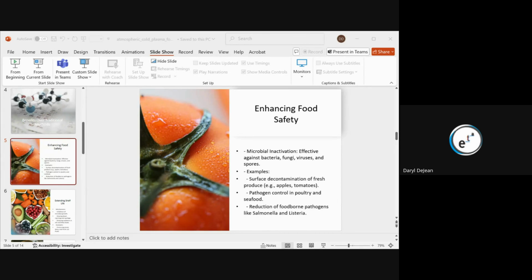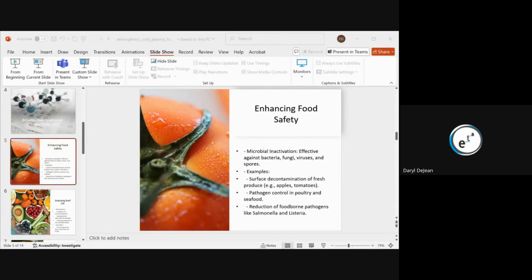But what happens is, let's go to produce: apples, tomatoes, bananas, etc. The surface of those fruits and vegetables is what makes them retain their freshness. So tomatoes put off a gas called ethylene gas. Ethylene gas ripens bananas.